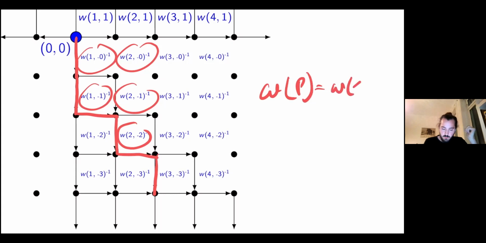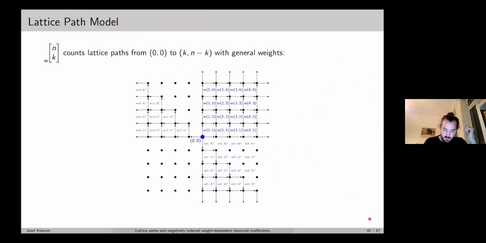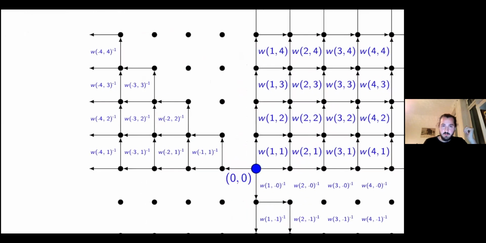So w 0, 1 to the -1 times w 1, -1, and so on. So we take all the weights that are between the x-axis and the path. And the same applies to the region here. We also take to the power of -1 here. We have to do it because then it works out, and otherwise it doesn't.